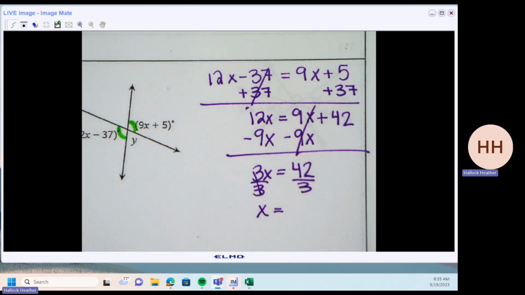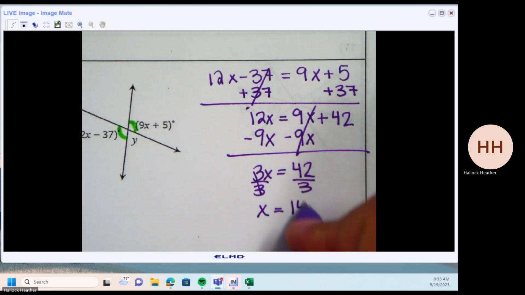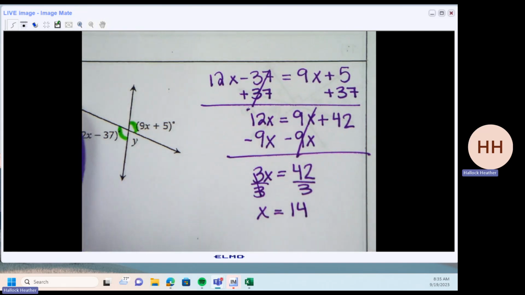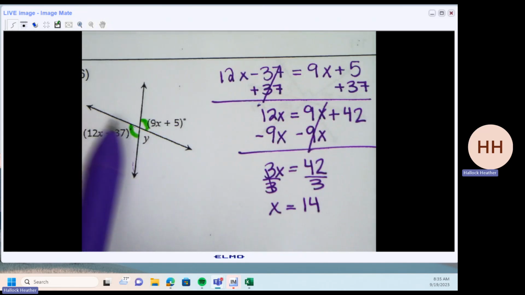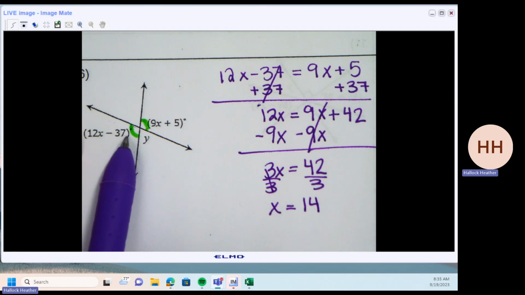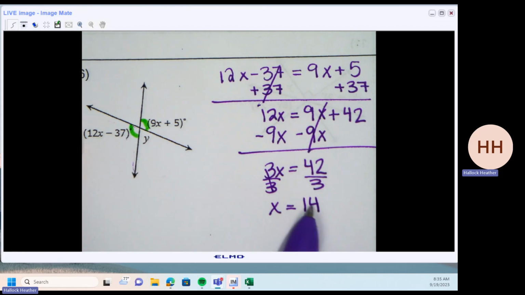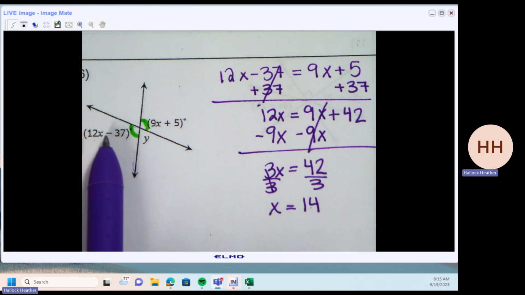So x equals 14. So this entire angle measure is not 14 degrees. I know that this angle measure is equal to 12x minus 37. So what I'm going to do now is substitute this value in, because knowing this angle measure will help me find y.